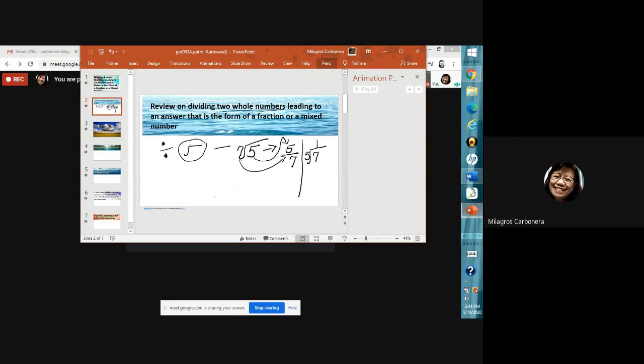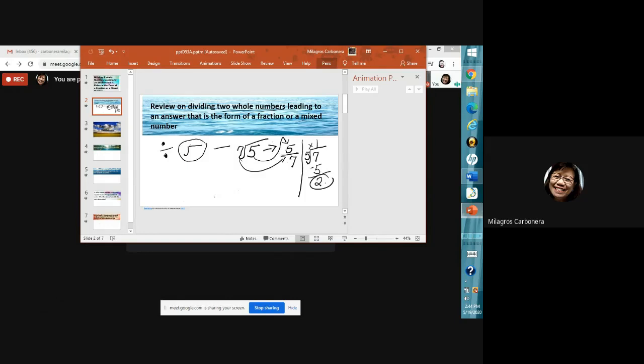So I'm going to write 1 on top of 7, and then I am going to multiply my answer and the divisor, which gives me 5, and I'm going to subtract, which gives me 2. There is one group of 5 in 7, and there are two extra ones. These two extra will be divided among 5.